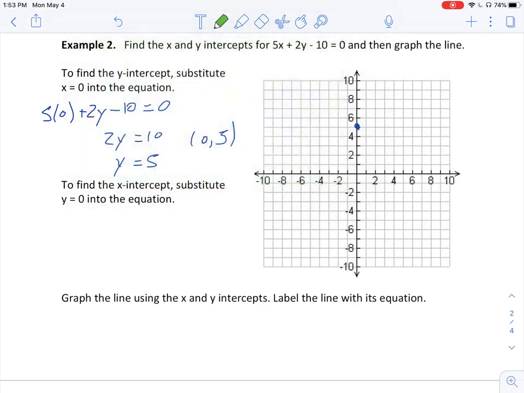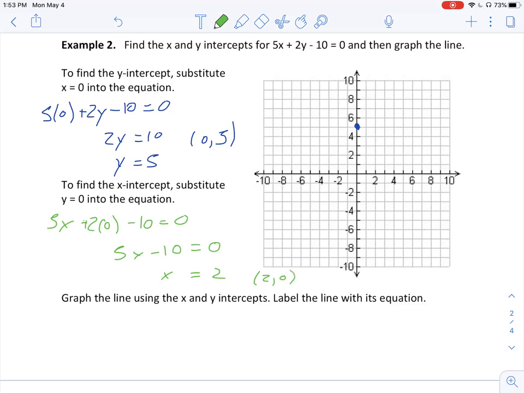Second piece, to find the x-intercept, substitute y equals 0. So 5x plus 2 times 0 minus 10, which gives me 5x minus 10 equals 0. x equals 2, which means that the coordinate is x is 2 and y is 0.